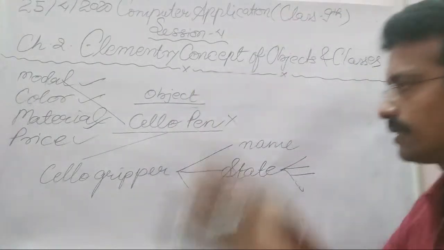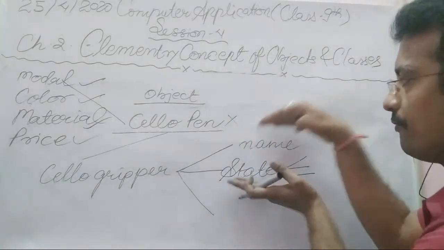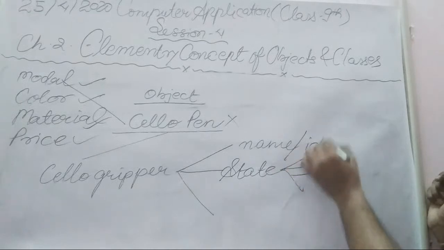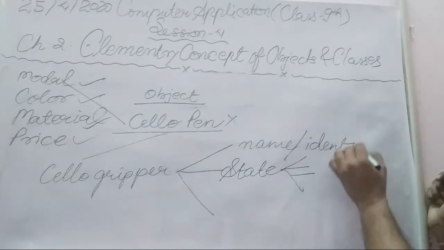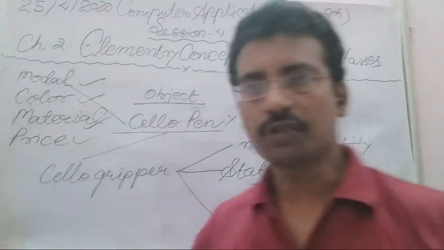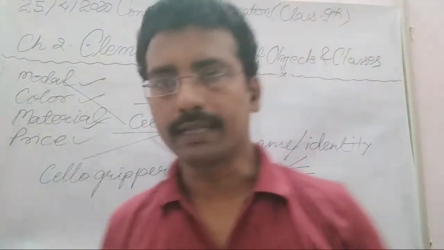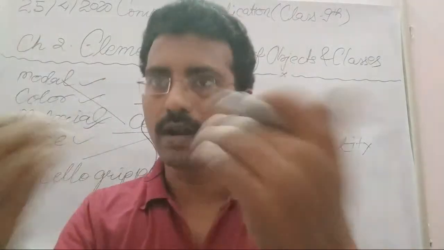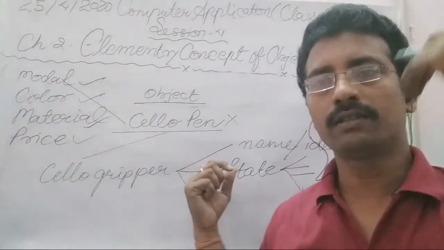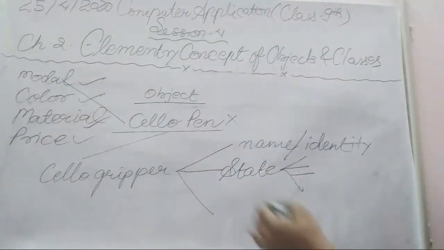So a class object contains features in the form of name, that is also called identity, and state: of which material it is made, what is the color, what is the size, etc. They are kept under state. And third, you know, is behavior.